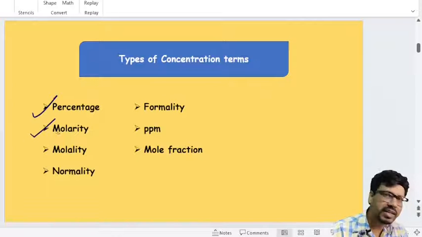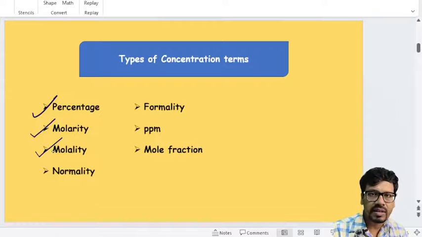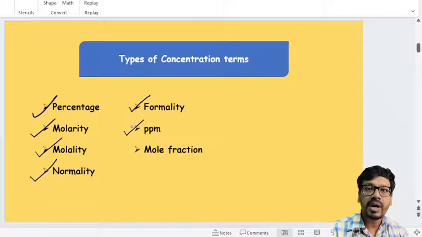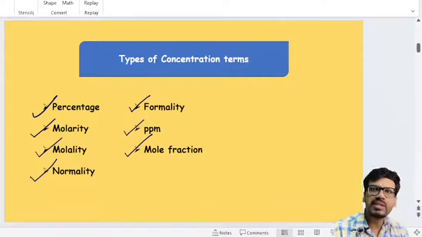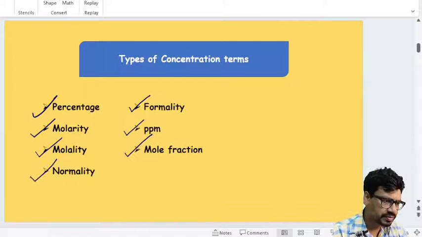Next one is molarity. This is also very important. Next, molality, normality, formality, ppm meaning parts per million, and mole fraction. So these types of concentration terms are used in chemistry.